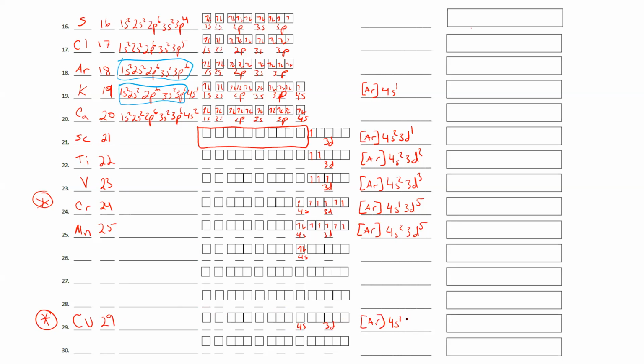So the s orbital will remain half filled, and you'll fill the 3d orbital completely, so 3d10. And so you'll have one electron in there, and then 1, 2, 3, 4, 5, 6, 7, 8, 9, 10. And again, this has to do with the subtleties of the energies of those orbitals as you're filling them.